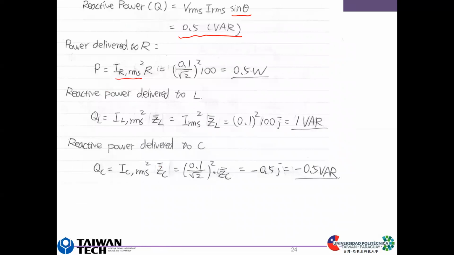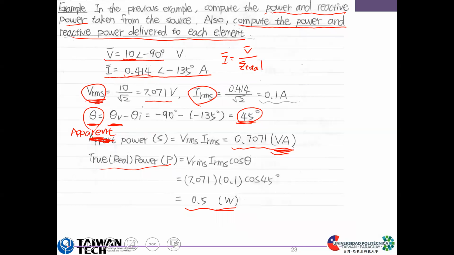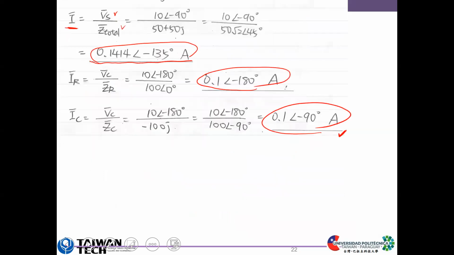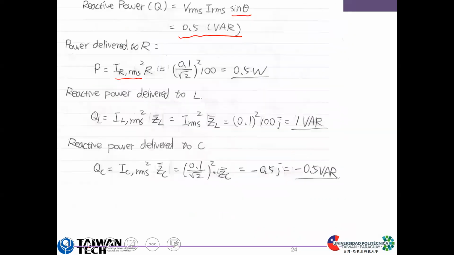VR here is an amplitude of a phasor, not an RMS value, so we need to convert it to an RMS value. So we divide it by square root of 2, multiply by 100, because the resistor always consumes energy. So I squared R equals 0.5 watt. This is the real power.